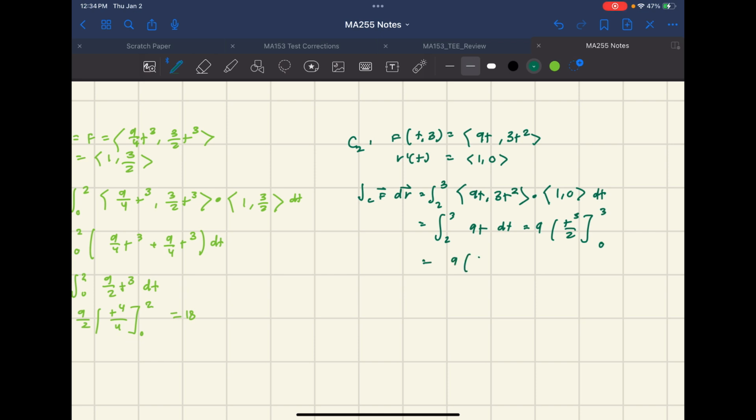Integrate that, and you get 81/2 minus 18.